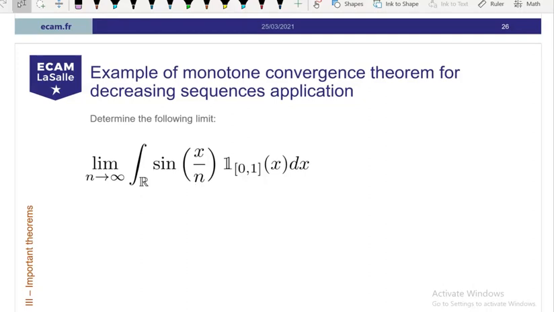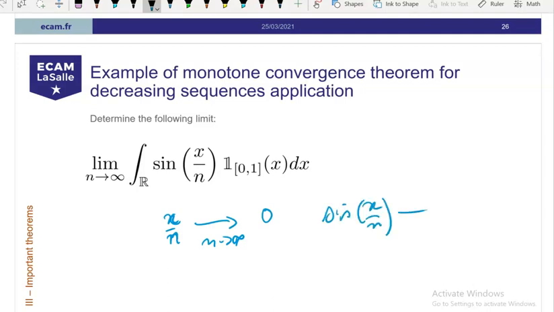All right, and to correct the one for the decreasing sequence, first of all, we need to know whether it is pointwise increasing or pointwise decreasing. So let's consider x over n. As n tends to infinity, that goes to 0. So sine of x over n, as n tends to infinity, tends to sine of 0, which is equal to 0.